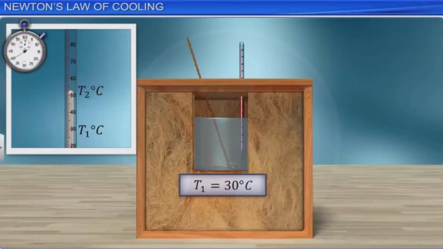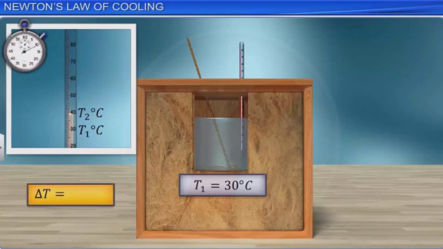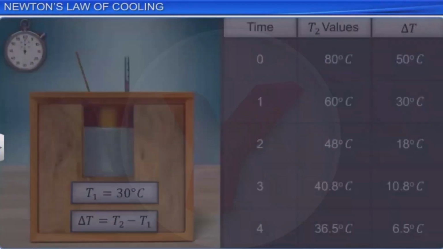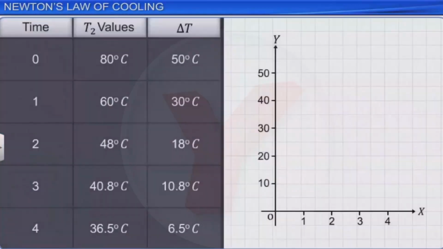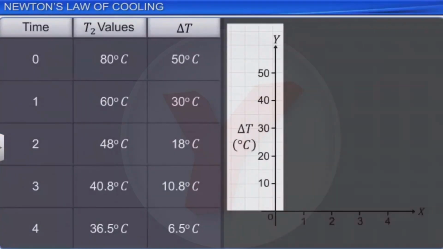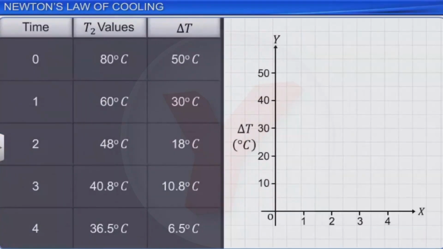The difference in temperature between the water and its surroundings is expressed as delta T, which is equal to T2 minus T1. Delta T can be computed for each value of T2. When a graph is plotted by taking delta T along the y-axis and time T along the x-axis, we get a curve.